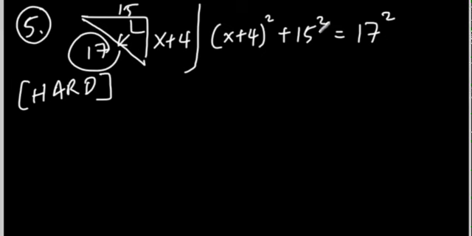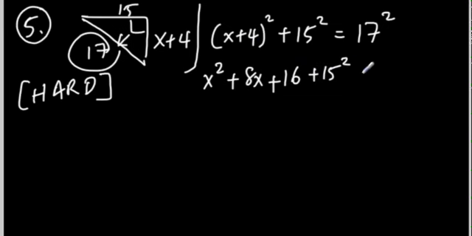So a number of you probably tried to expand this. So let's expand this. From our expansion, we know this is x squared plus 8x. Remember, 2 times x times 4 is 8x. Plus 4 squared, which is 16. Plus 15 squared, which is 225, equals 289.